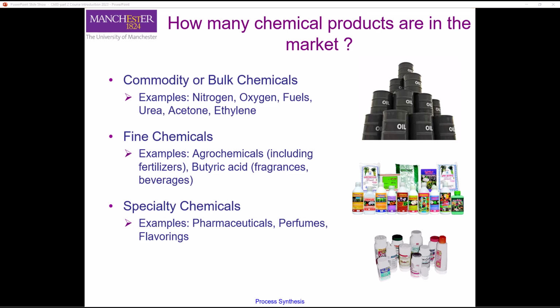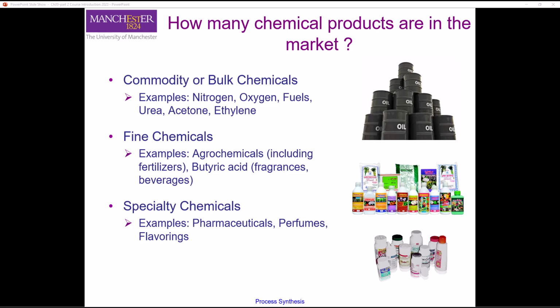Some examples of fine chemicals are epichlorohydrin, that is used in epoxy resins, or dimethylformamide, which is used as a solvent in reaction medium and intermediate pharmaceutical manufacture. Then we have butyric acid, which is used in beverages and in flavoring and fragrances.